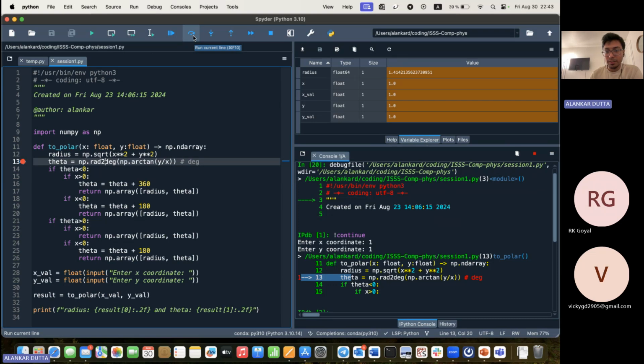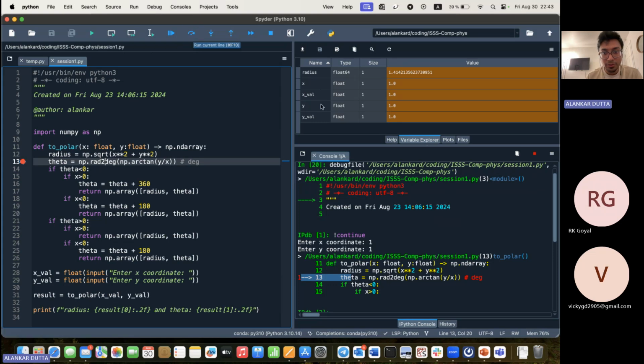It just executes this line. Here you can see the variables which got created. There is a radius variable which got created from line 12. Then there is x, which is passed to this function, and y, which is also passed to this function. And there are x val and y val, which were input by the user. So these are the variables that have already been created.